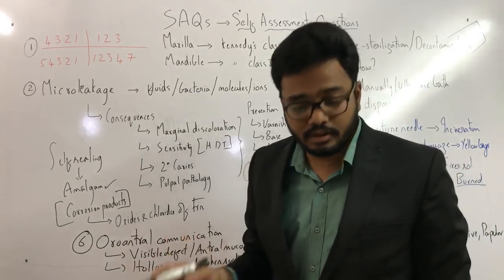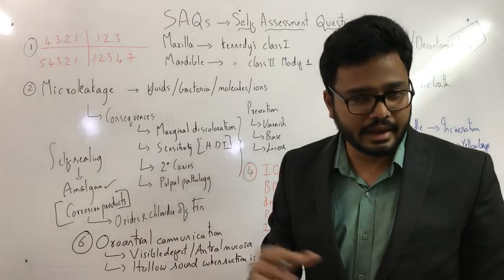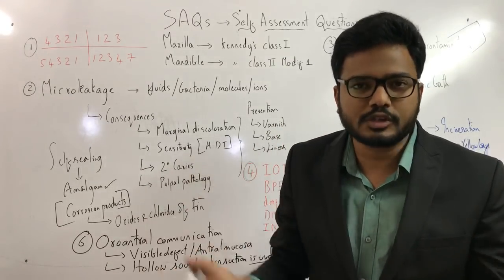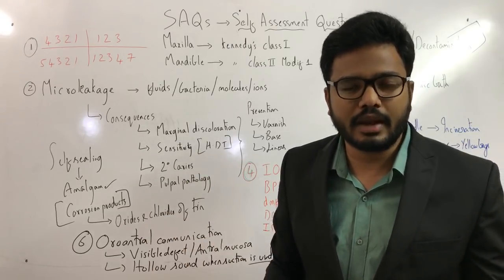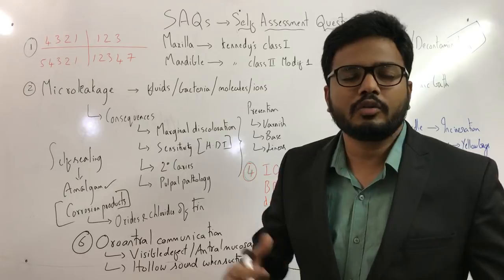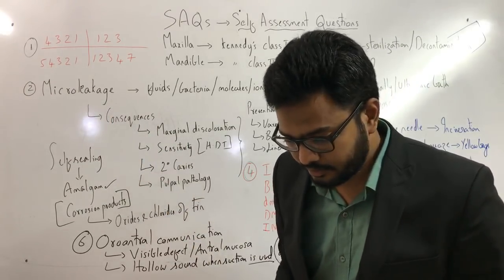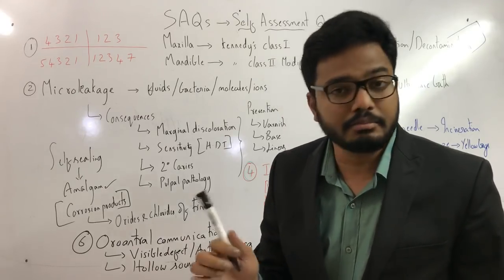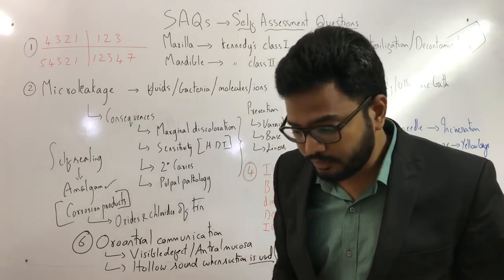Obviously, surgical closure of the defect by approximating the palatal and the buccal flap, but usually the defect cannot be closed by approximating. So what we do is we either reposition the palatal flap, palatal rotation flap, or we reposition the buccal pad of fat and then try to close the defect. So surgical closure of the defect by approximating palatal and buccal mucosa, but there is usually inadequate soft tissue.